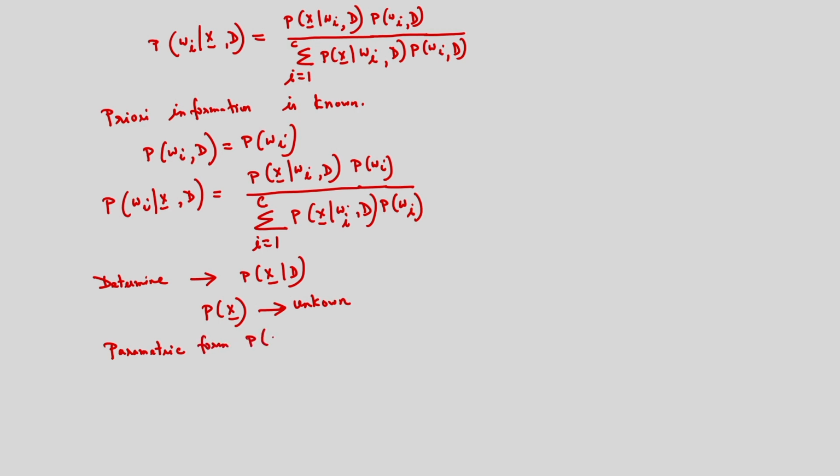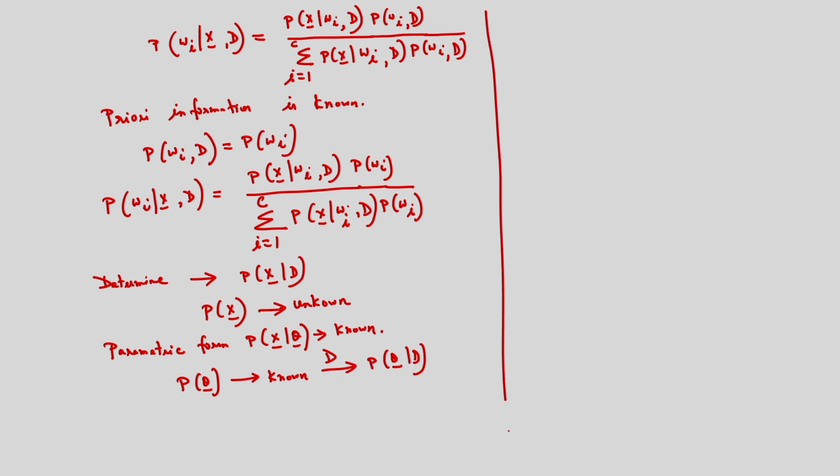So that means the probability of x given theta is known, and also the probability of theta is known. The training data set converts the prior information into the posterior information. The p(theta) is available, but the training data set converts the prior information into the posterior information.